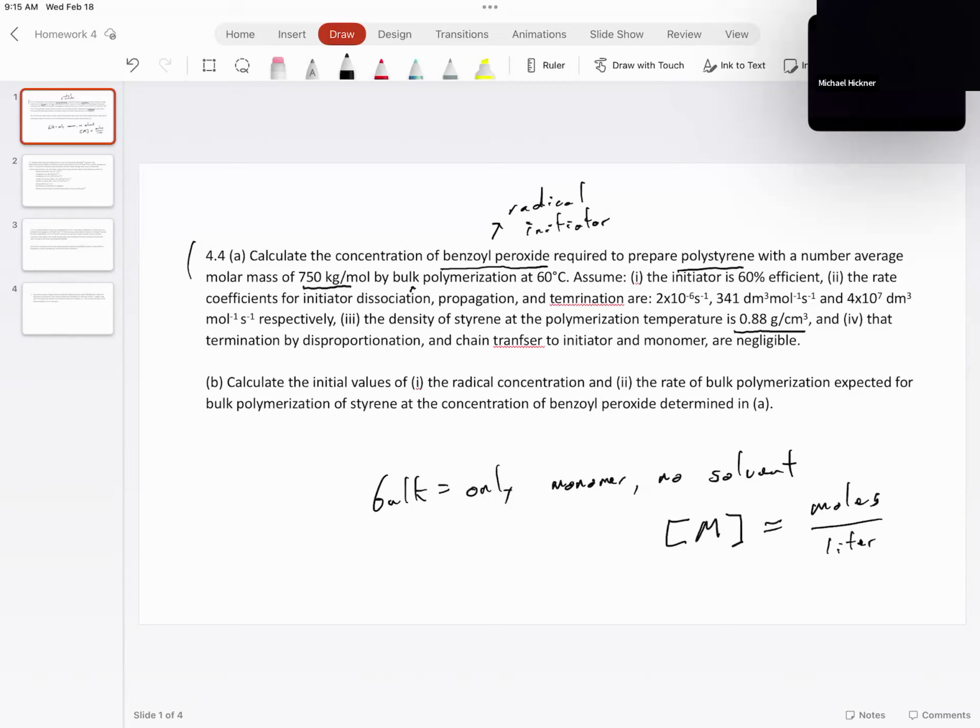We have the other parameters that we need: something about F, the rate constants, and the termination mechanism. That should be pretty straightforward in terms of how to solve this problem.